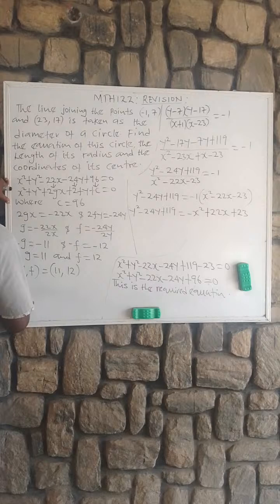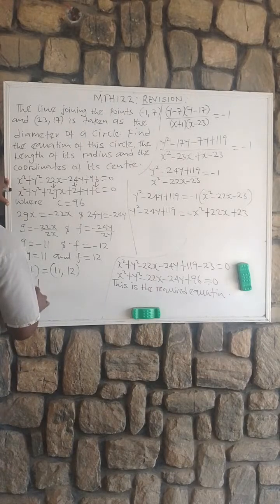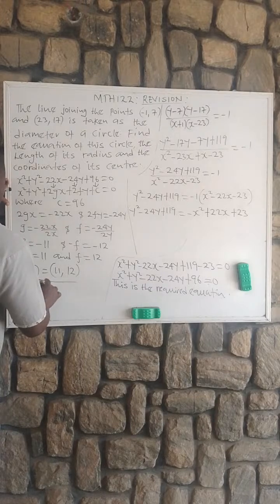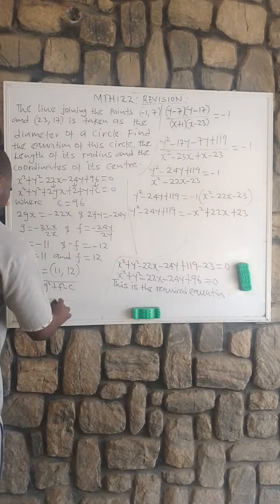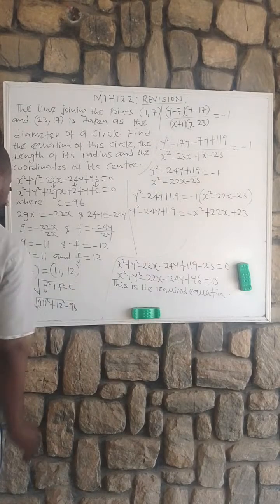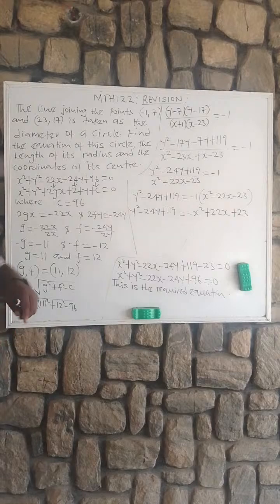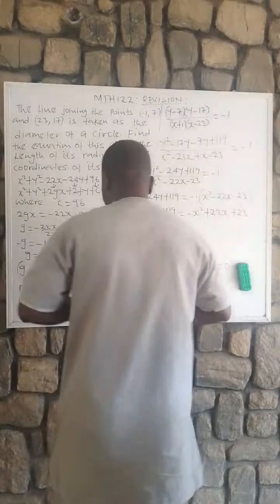Remember that the radius of the equation of the circle is given as square root of g squared plus f squared minus c. So here is equal to 11 all squared plus 12 all squared minus c, which is what? 96. True or false? It is true, right?